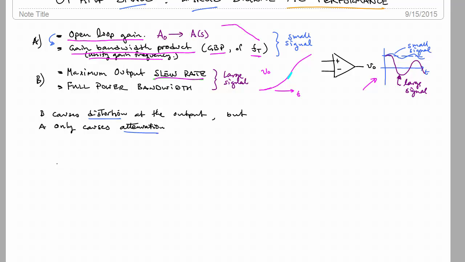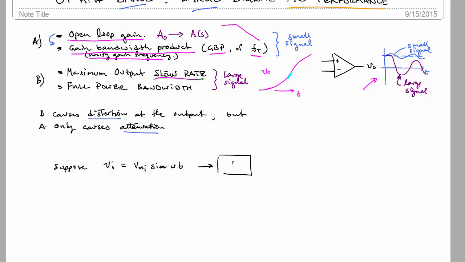So suppose we have an input signal VI equal to some amplitude VMI times sine omega t. Okay, and that goes through some op amp circuit. So it involves an op amp in here.